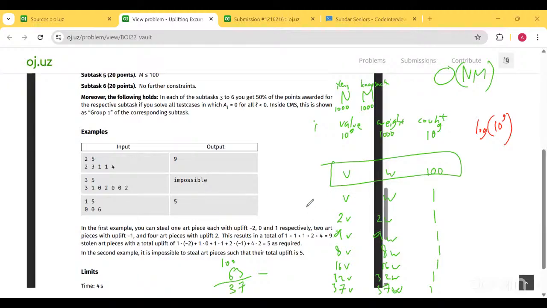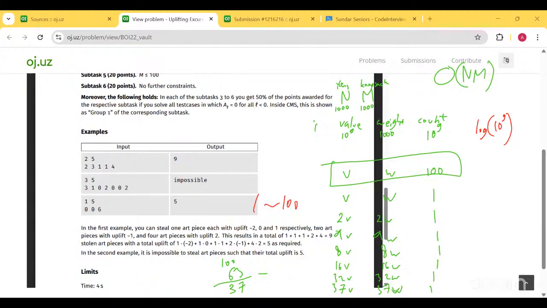And for each number from 1 to 100, we can make the value from these. Is it correct? Because it is a binary representation. And if it is greater than 37, then just make it 37 and add by the binary number. All right.